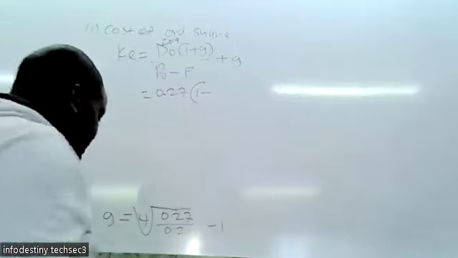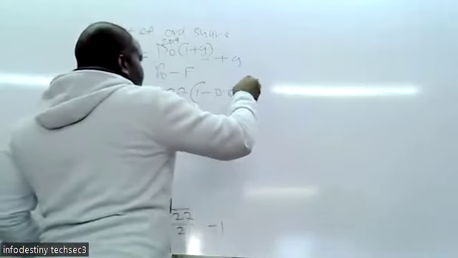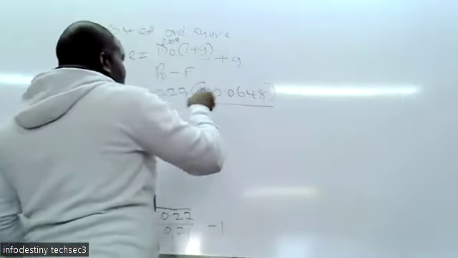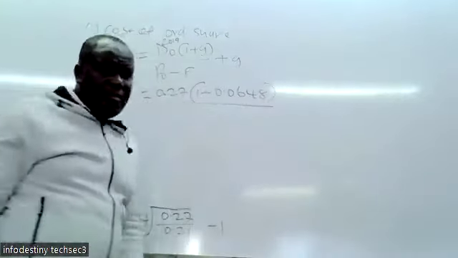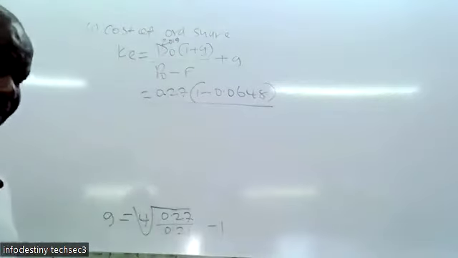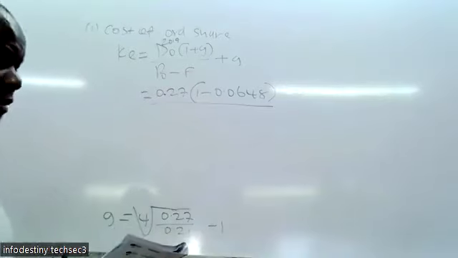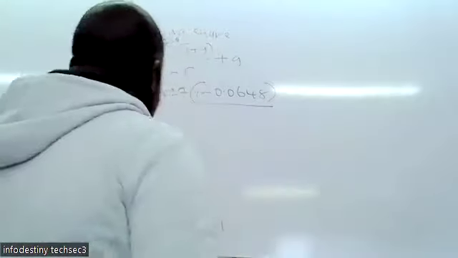That will be the same as 0.0648. P0 was given. The question had given you the current market price, which is there in note number 1 as 3.